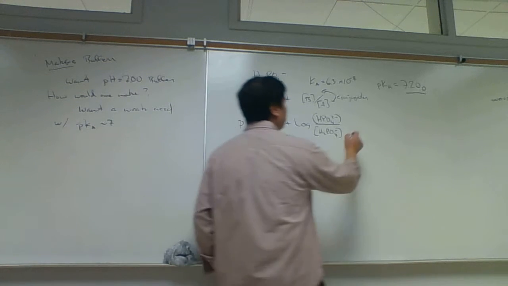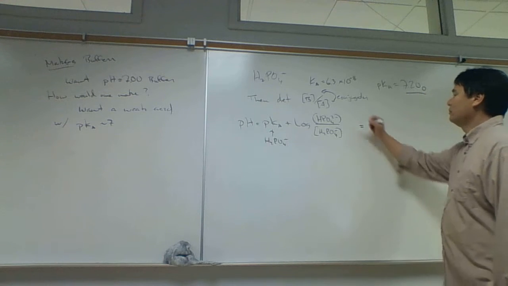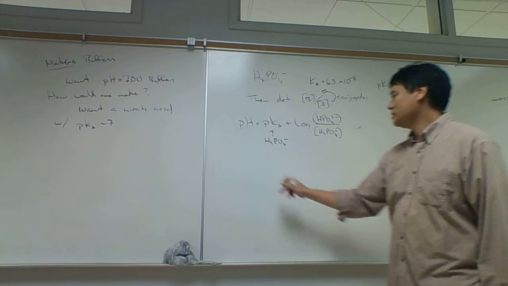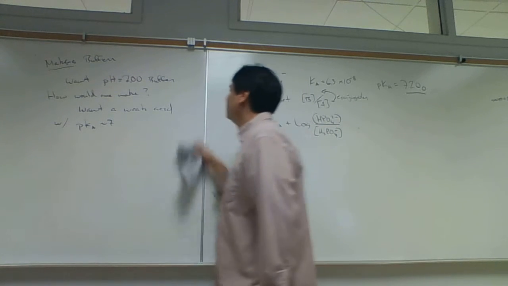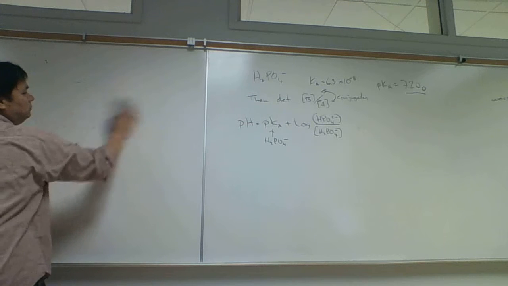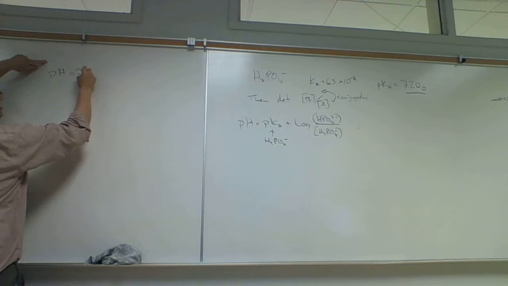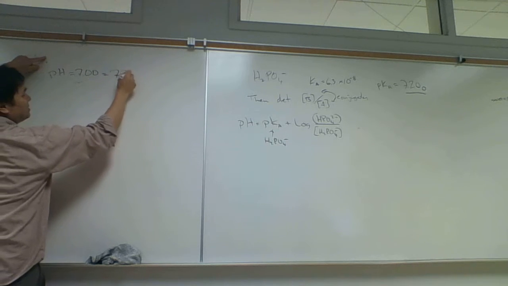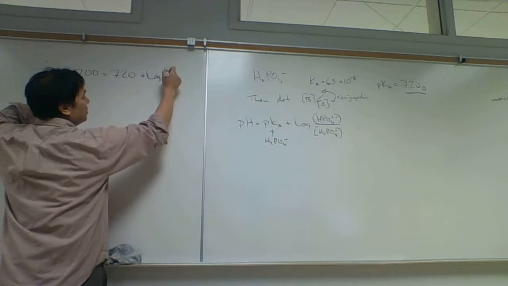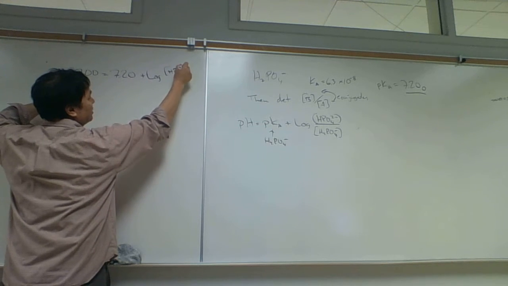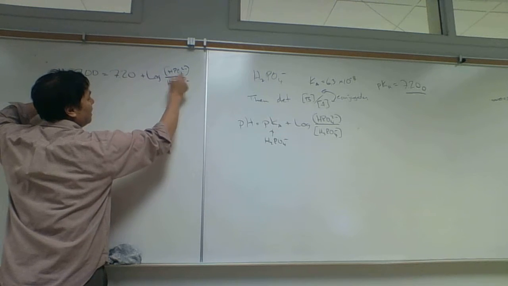All right, so that gives us this equation here. Now to solve for the ratio, this is what we do. We put in our desired pH. Our desired pH is 7.00. This is going to equal the pKa, 7.20, plus the log of the base to acid ratio, which would be HPO4 2 minus over the H2PO4 minus ratio.